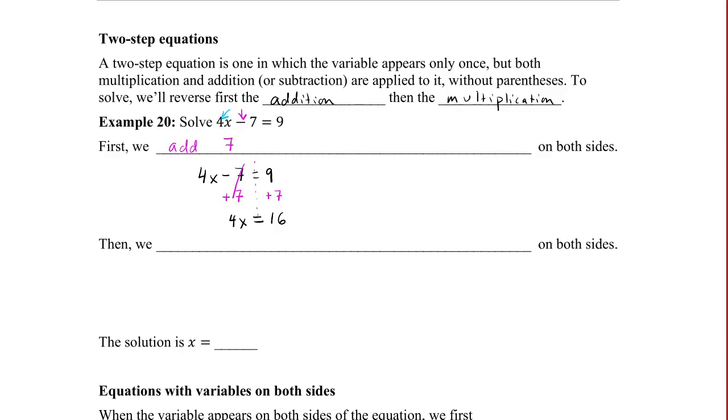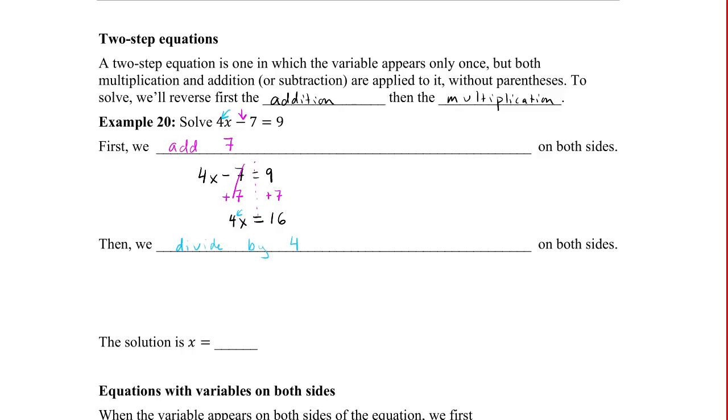So now we've gone from the equation 4x minus 7 equals 9 to the equation 4x equals 16. Of course, this is now a one-step equation. In order to get x by itself, we still need to get rid of that multiplication by 4. The opposite of multiplication by 4 is division by 4. So our next step is to divide by 4 on both sides.